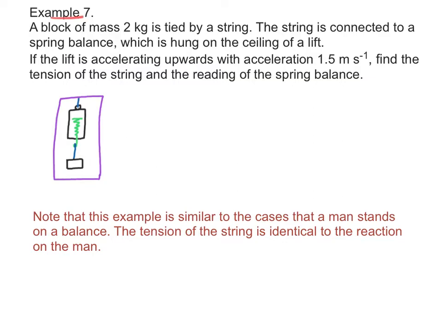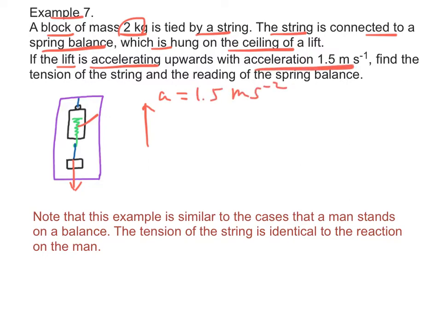Example 7. A block of mass 2 kg is tied by a string, and the string is connected to a spring balance, which is hung on the ceiling of a lift. If the lift is accelerating upward with acceleration 1.5 meters per second square, find the tension of the string and the reading of the spring balance.